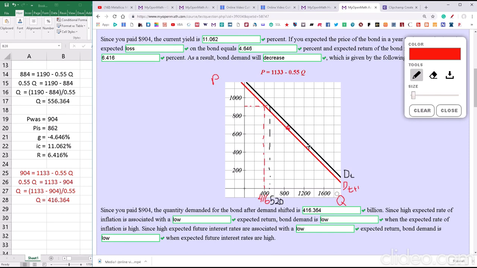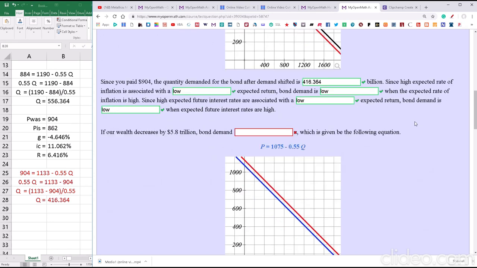That's not much of an arrow. Let me try it again. So bond demand decreased. And this is what you want to turn in for your memo. Okay, so let's go ahead and close and then move on to the next problem.